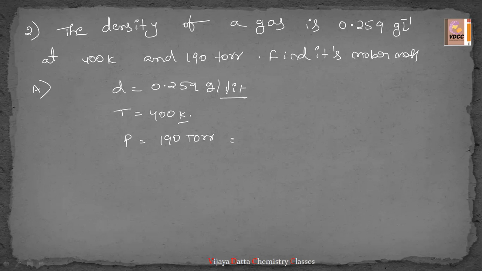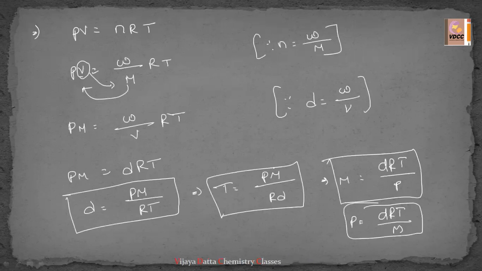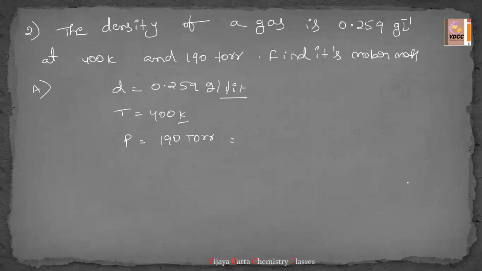We want to calculate the molar mass, right? As in the previous session, the formula is molar mass equal to dRT by P, the same formula I am applying here.